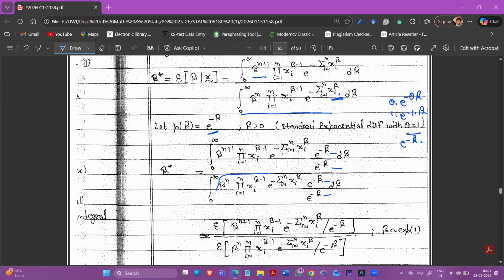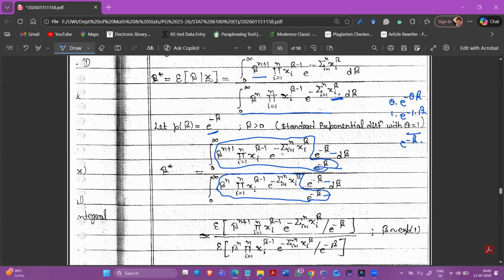This one: beta raised to the power n, product of xi raised to the power beta minus 1, e raised to the power minus summation xi raised to the power beta, divided by e raised to the power minus beta, together into e raised to the power minus beta. In both places, just take these together. Right. So now what does it become?